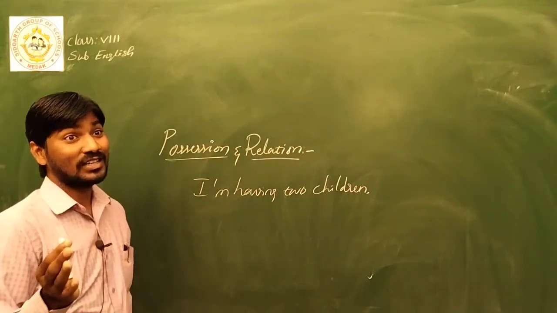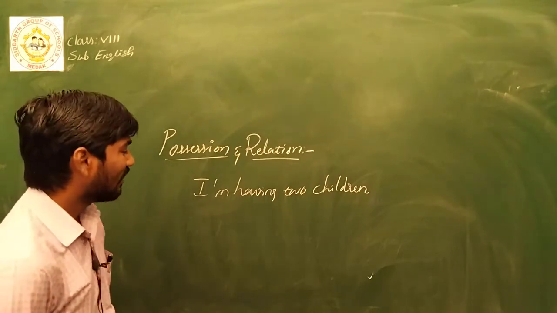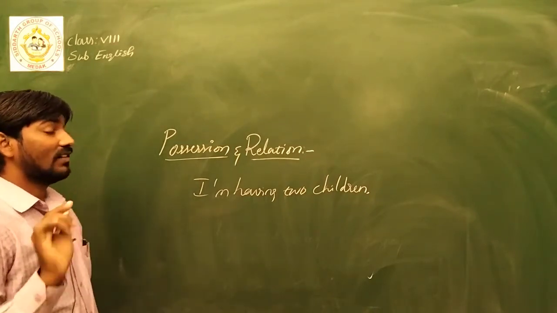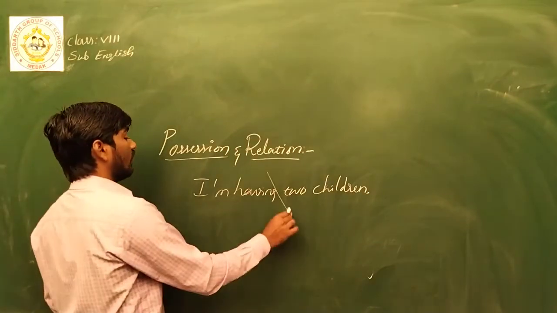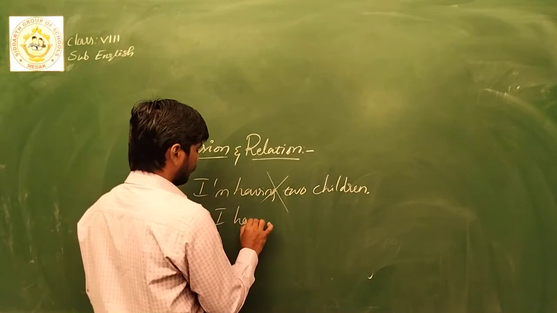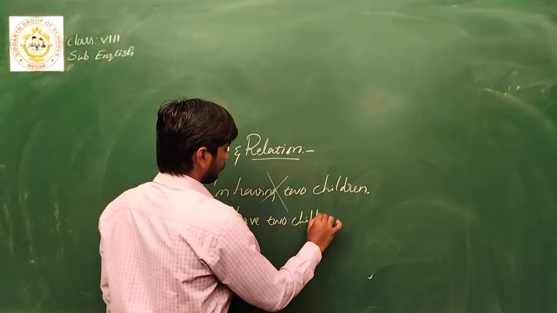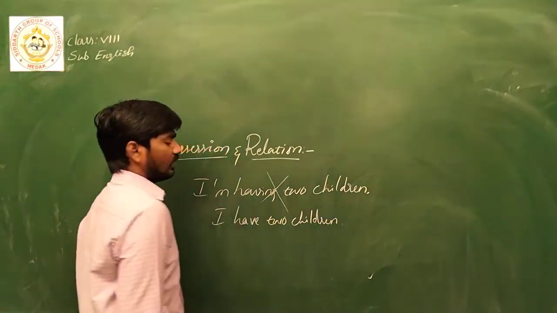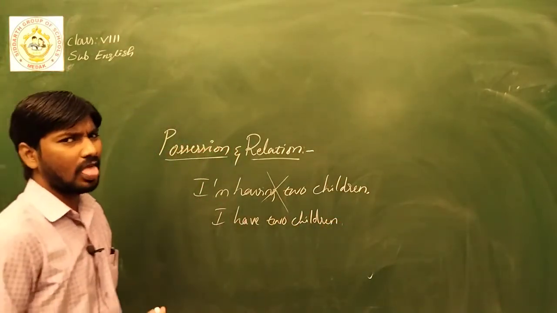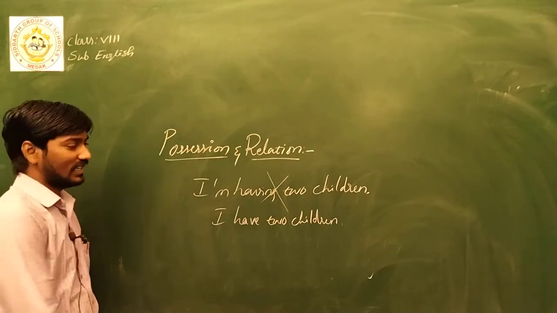Sir, you will get this when you get married and have children, just an example. So I'm having children. I already said we never use the ing form to talk about a relationship. So I have 2 children. Actually I have many children. You're all my children, right? So I'm having 2 children is wrong. I have 2 children is the correct one.